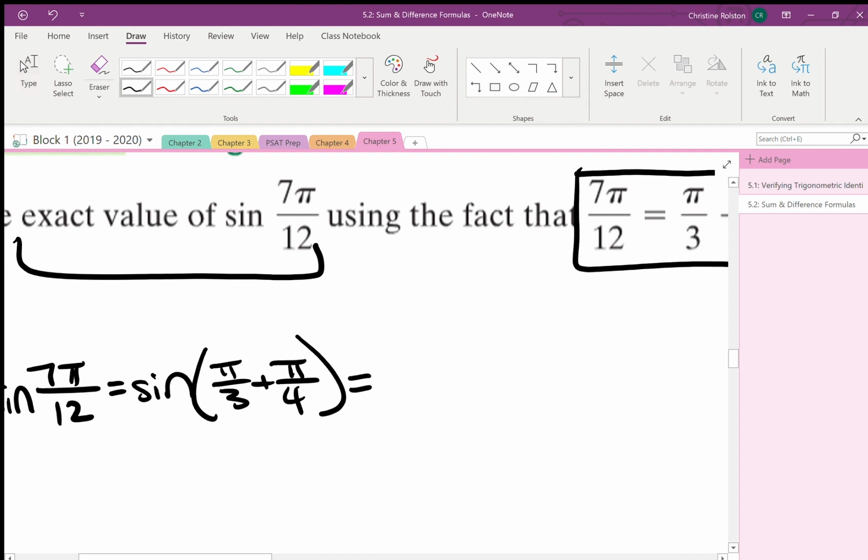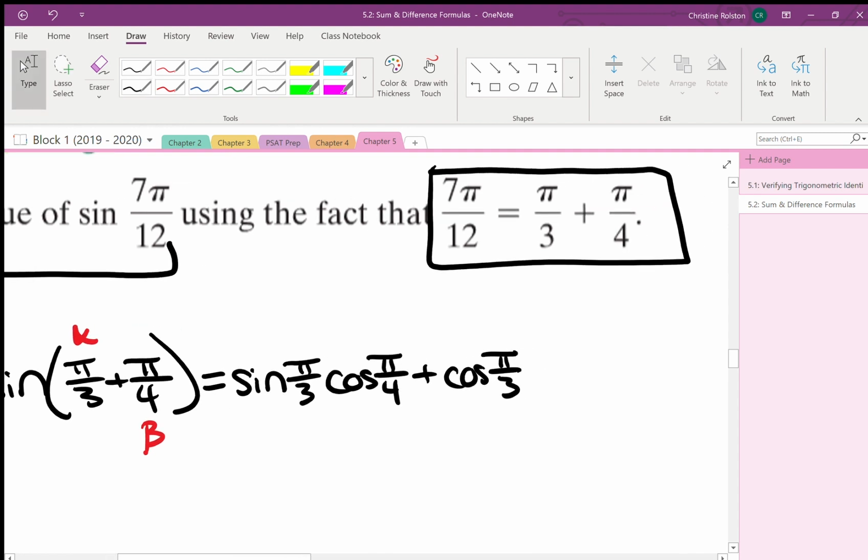That identity is going to be sine of the first one. Well, your first one is pi over 3, your second one's pi over 4. It's sine of pi over 3 times cosine of the second one, pi over 4, plus cosine of your first, pi over 3, times sine of your second, pi over 4.